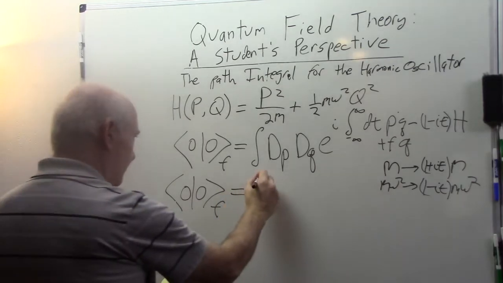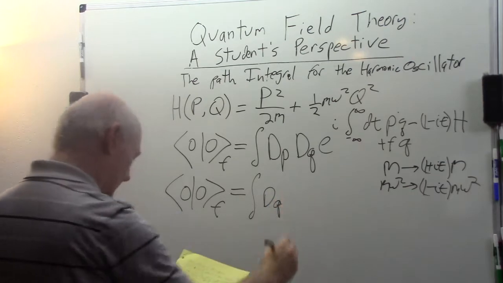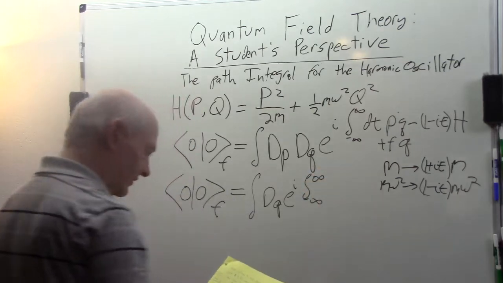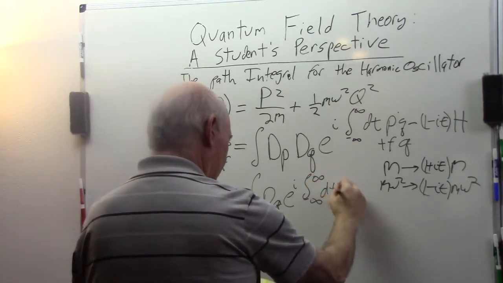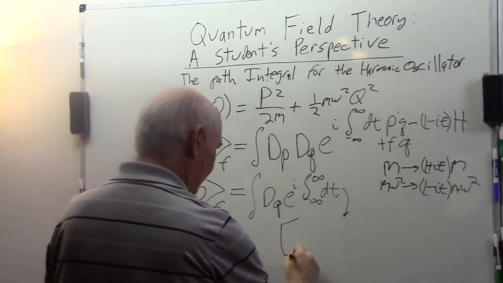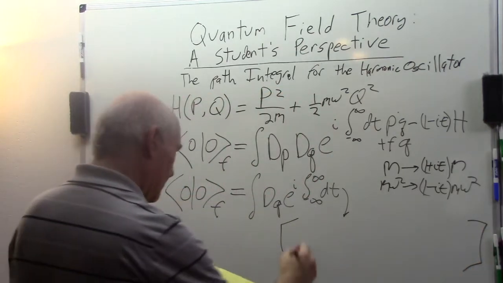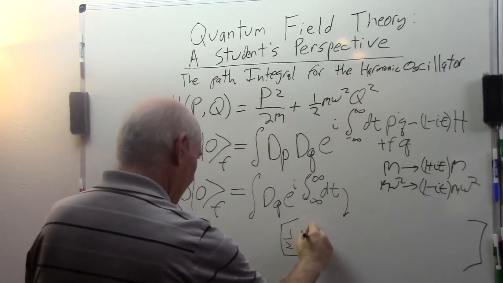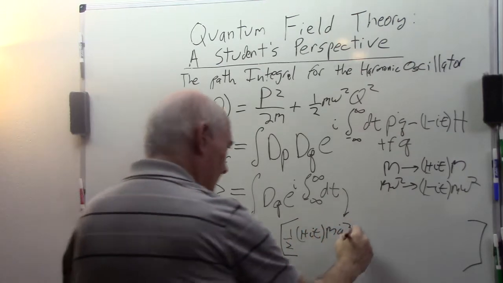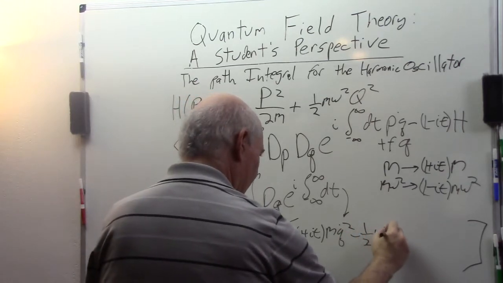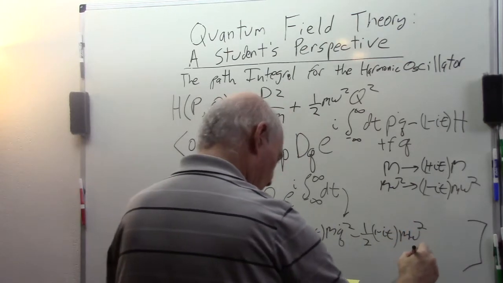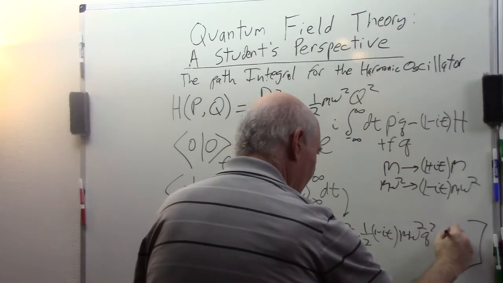So the vacuum to vacuum amplitude 0,0 with f is the integral of dq e to the i, the integral from minus infinity to infinity dt, and then this whole thing in brackets: 1/2 (1 plus i epsilon) m q dot squared minus 1/2 (1 minus i epsilon) m omega squared q squared plus f q.